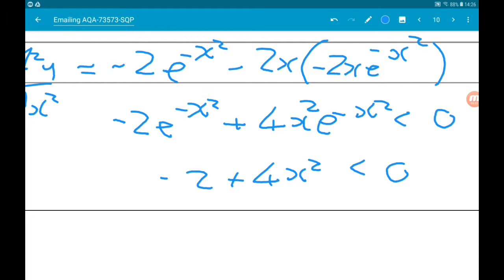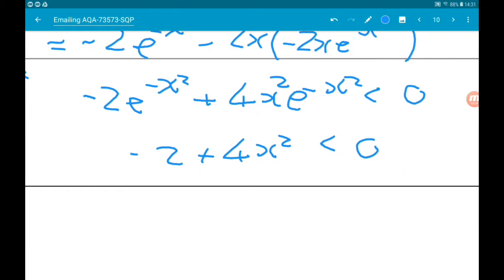If we divide through by 4, then that's going to give us minus a half add x squared is less than 0.